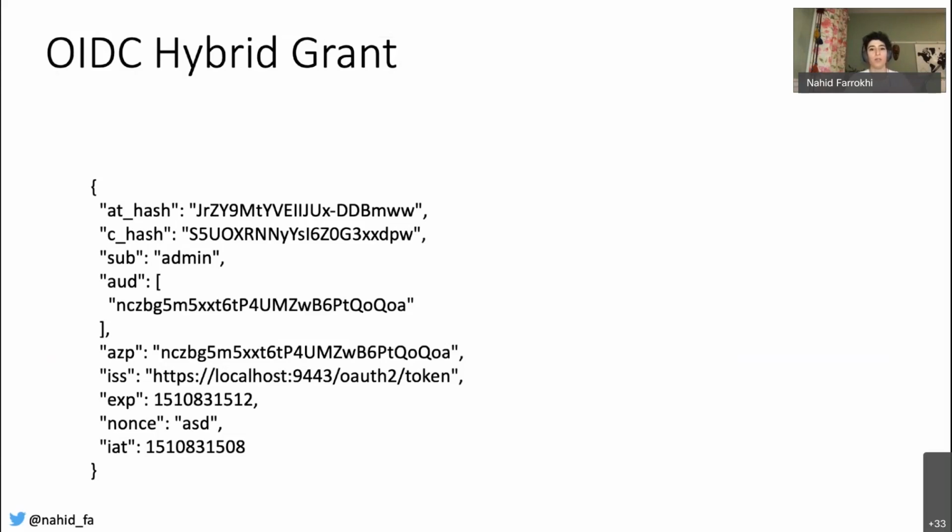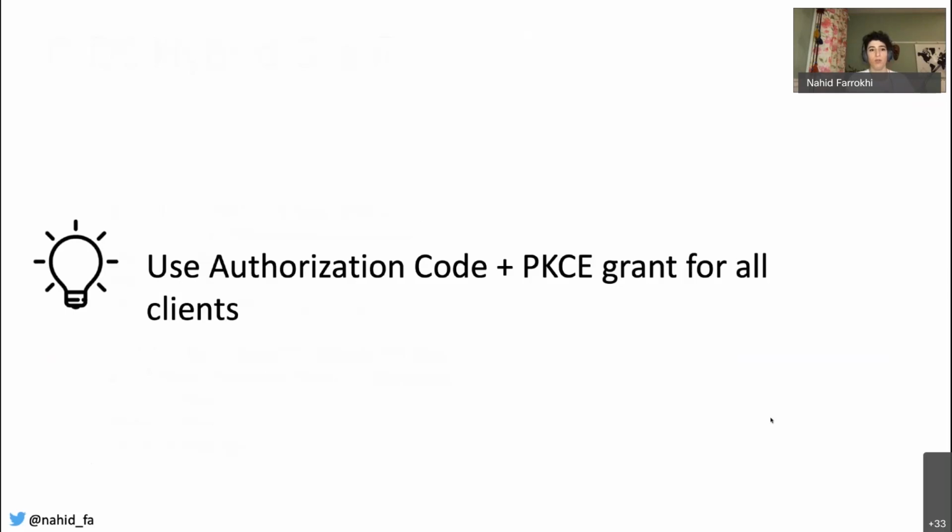Also, this mitigation step that we talked about, comparing c_hash with the code, actually needs to be implemented on the client, which results in a more complicated client library, which is not suggested much. It's better to handle everything on the server, not on the client. So that's why it's suggested to use authorization code plus PKCE for all clients.